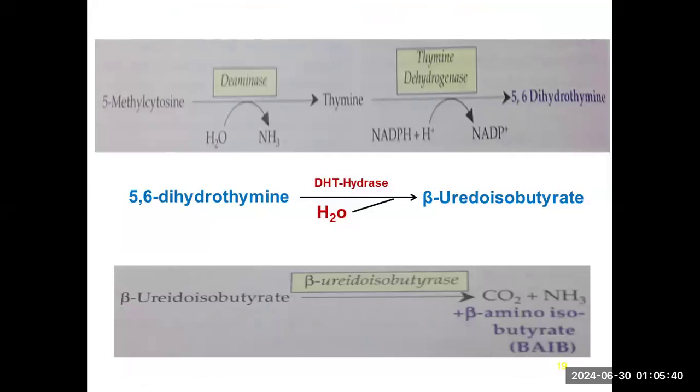5-methylcytosine is deaminated by the enzyme deaminase and converted into thymine.